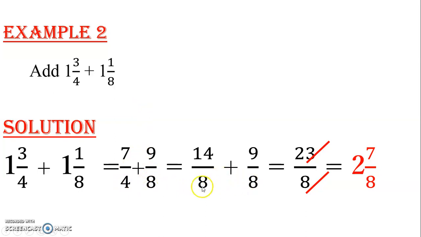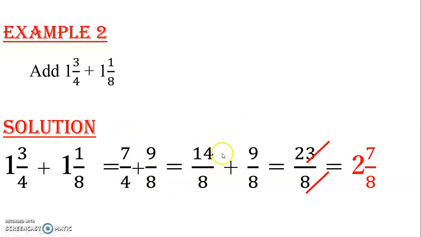Okay, that is our LCM. Then let's find our equivalent fraction. Now in doing that, the first fraction, our old denominator is 4 and our new denominator is 8. So 8 divided by 4, that will give us 2. 2 times the numerator, which is 7. So that will give us 14.